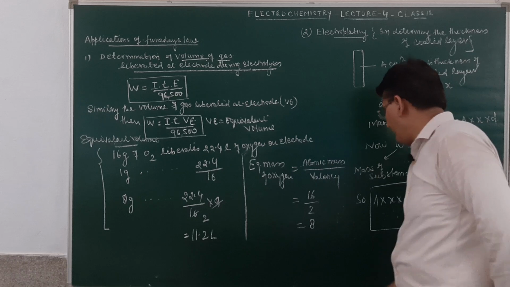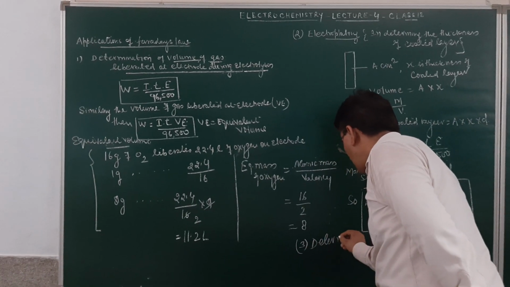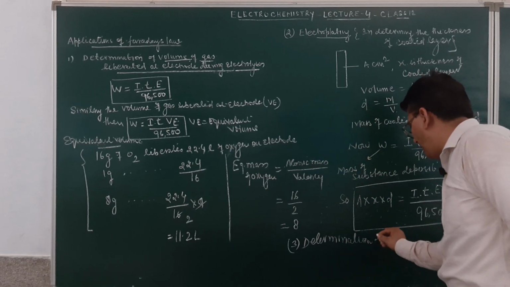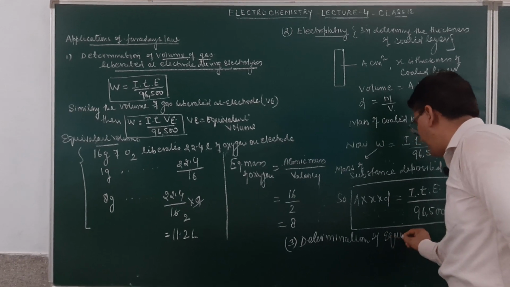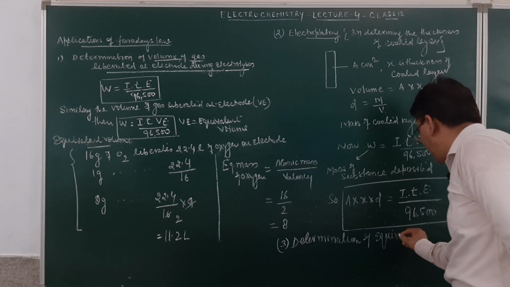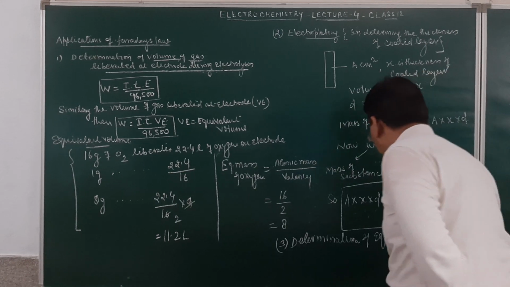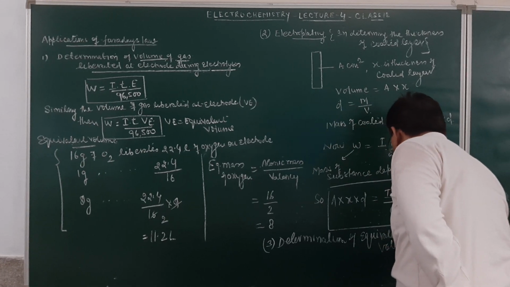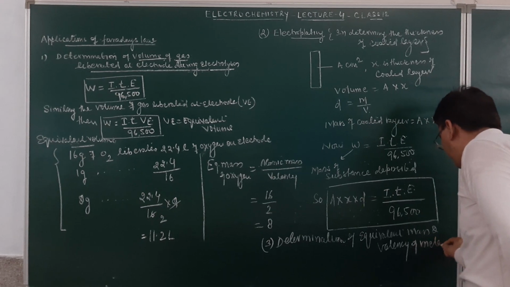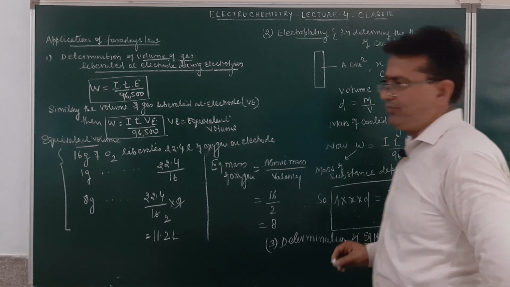Thirdly, we can also determine the equivalent mass and the valency of a metal. The third application is the determination of equivalent mass and valency of a metal. How do we find the equivalent mass and the valency of a metal?